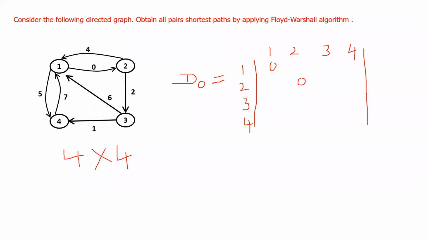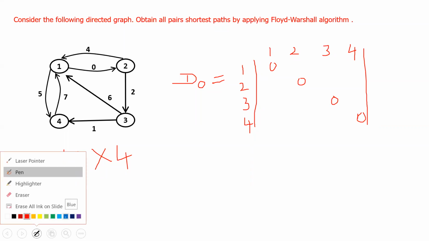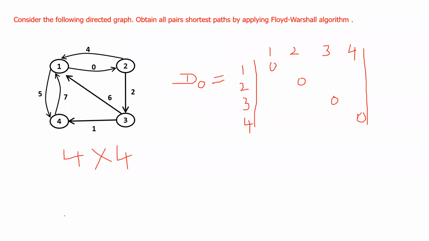Yes, I am going to fill up the diagonal values with zeros because the distance from a node to itself will be 0. Once this is done, I have to fill up the remaining values. I'll check what is the distance between node 1 and 2. If there is a direct edge between node 1 and 2, then you'll take the weight of that edge and place it in the matrix.